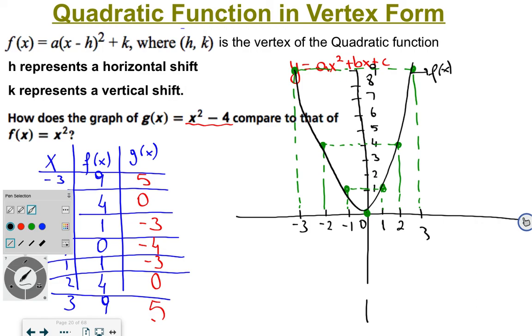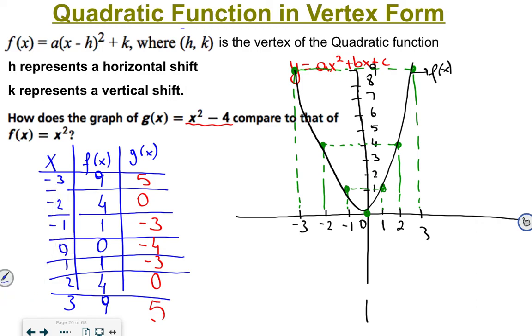Now I am going to graph the g function. What is the first coordinate? -3 and 5. Next, -2 and 0. After that, -1 and -3. Next, 0 and -4.